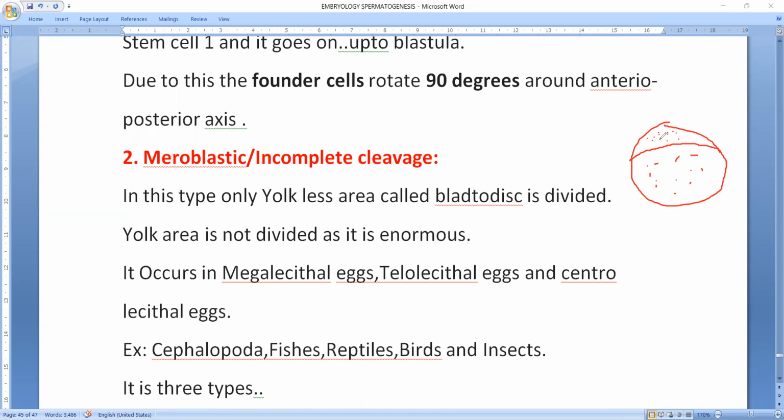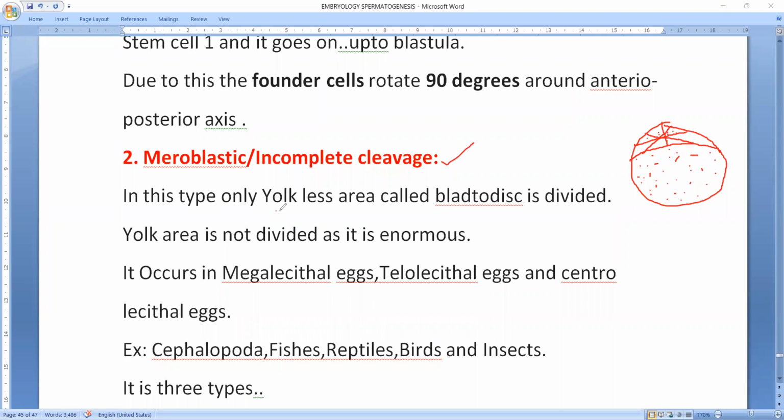Due to the yolk substance occupying most of the space of the egg, the division takes place only up to here. This is not complete. This is incomplete. This is meroblastic type of cleavage.